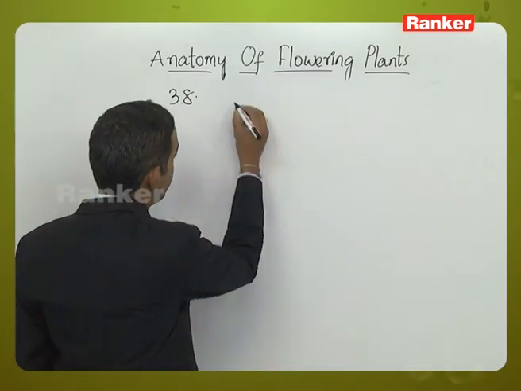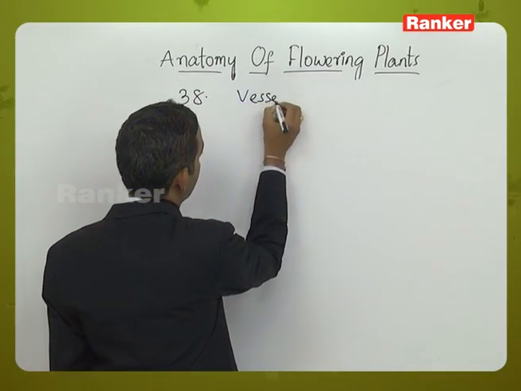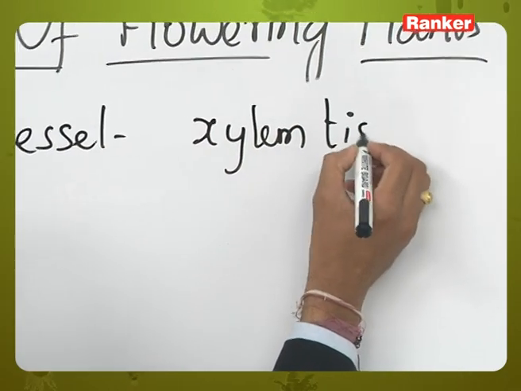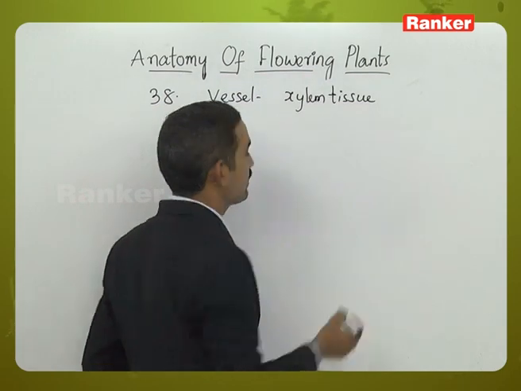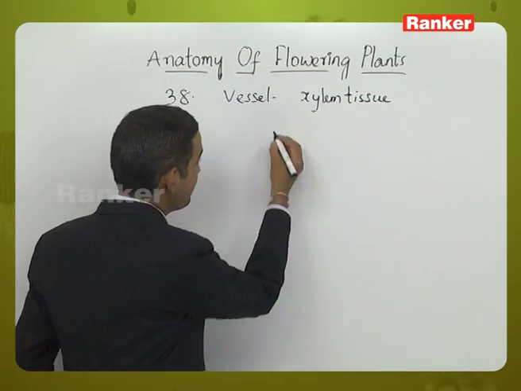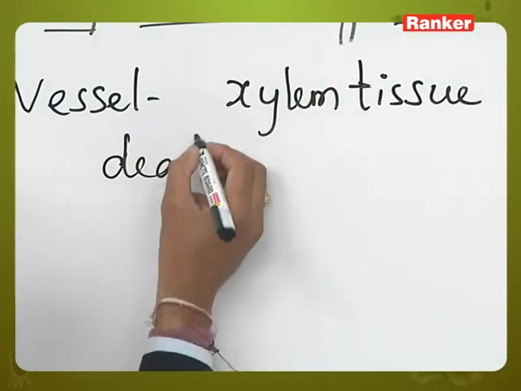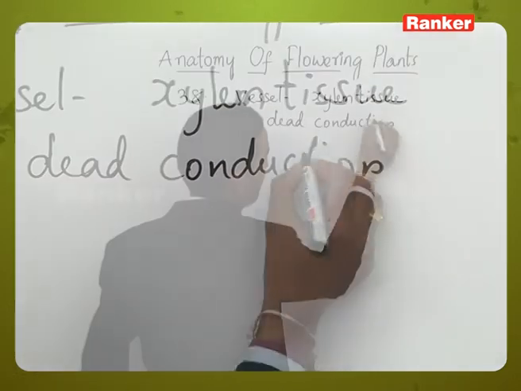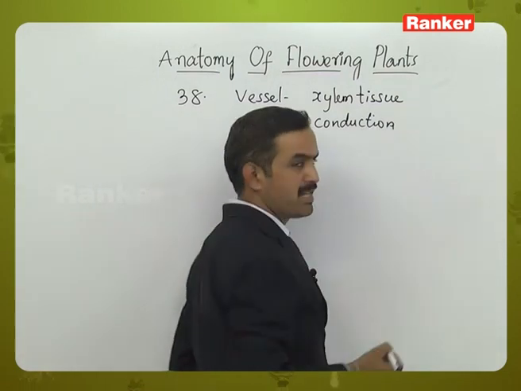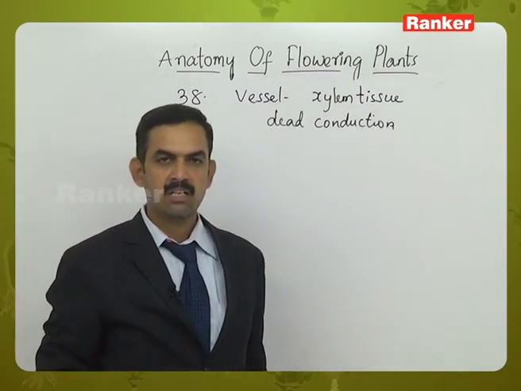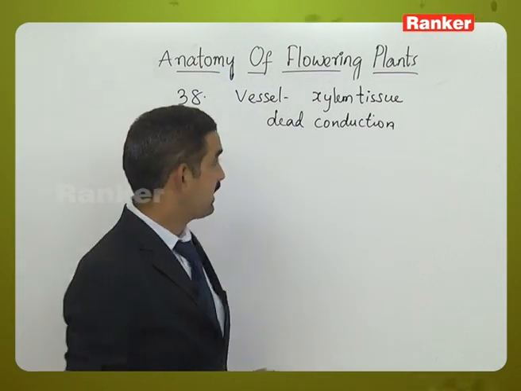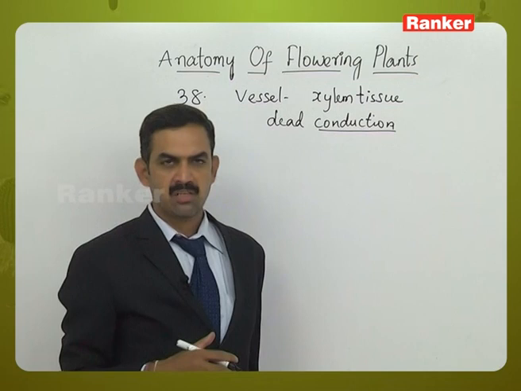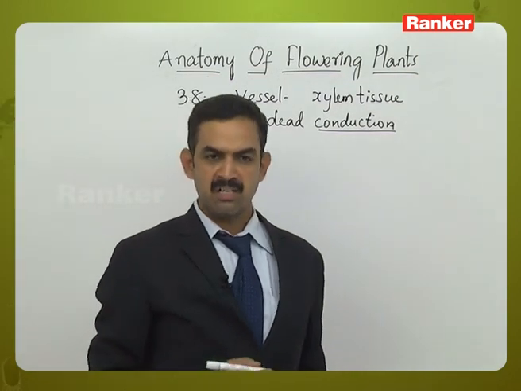So here vessel is part of xylem tissue, and as we know, xylem is a dead conducting tissue, concerned with the conduction, that is transportation of materials from one part of the plant body to the other. The conduction may be of food material, water, or minerals.